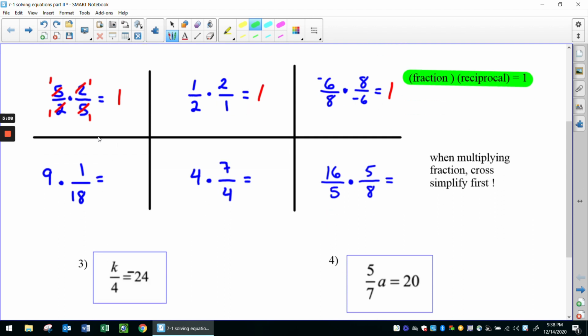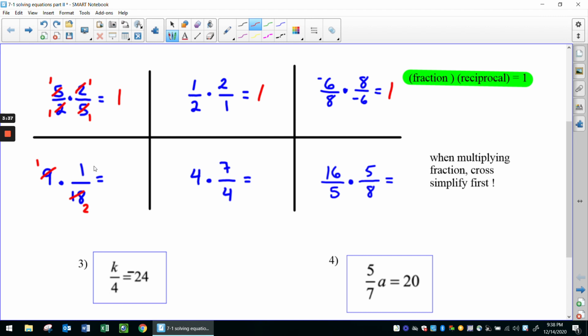Okay, this one, I didn't number these, but that's okay. So we're looking at 9 times 1 over 18. When you have a whole number, or an integer rather, and you're multiplying it by a fraction, which is 1 over 18 in this case, you can cross simplify this as well. When you cross simplify, you can see that 9 and 18 go into each other. 9 goes into 9 once, and it goes into 18 twice.